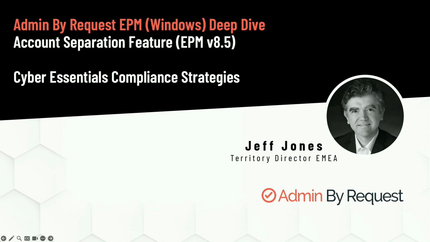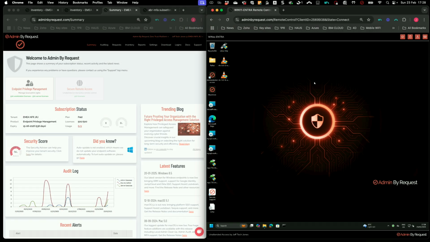It's a touchy subject perhaps, but let me give you a little example. I'm on my computer now, and let's say I've configured Admin by Request so that the user is only able to elevate a single application, and that application is the USB formatting tool Rufus.